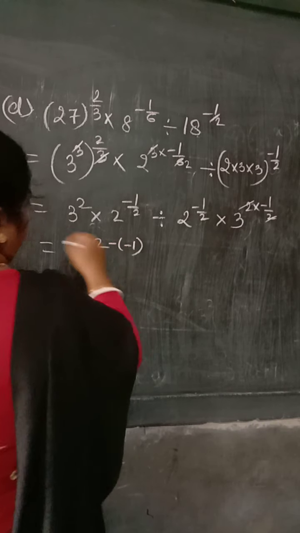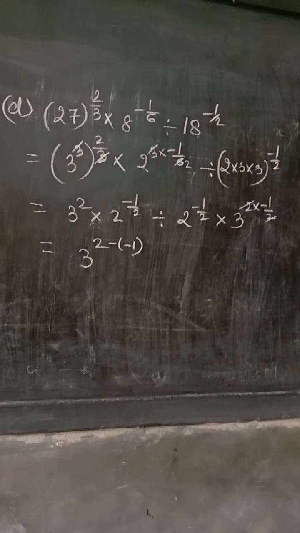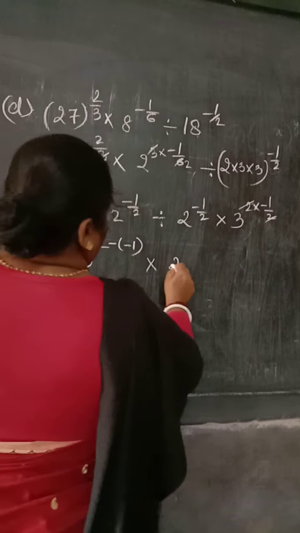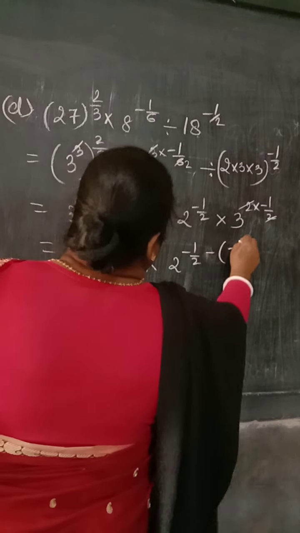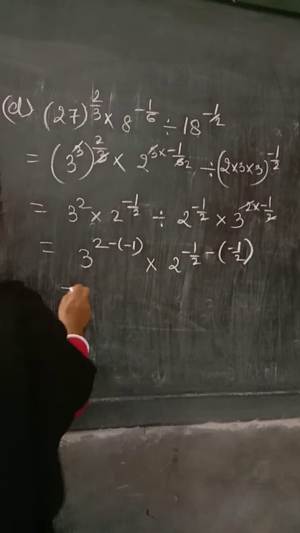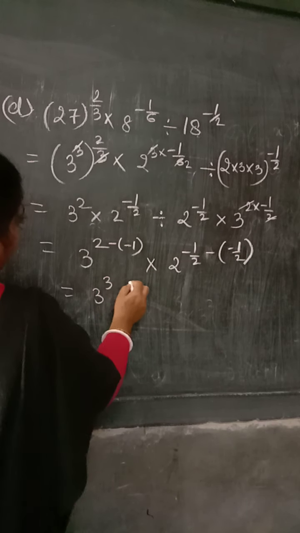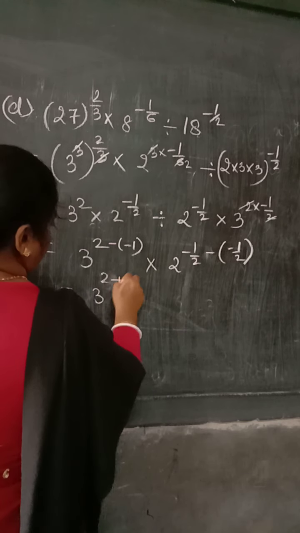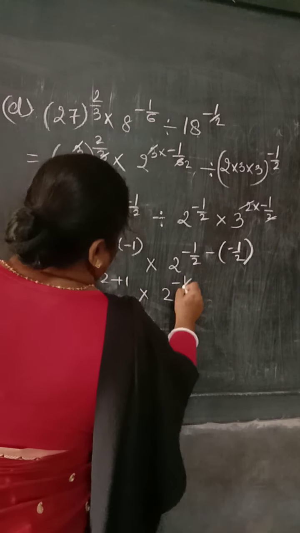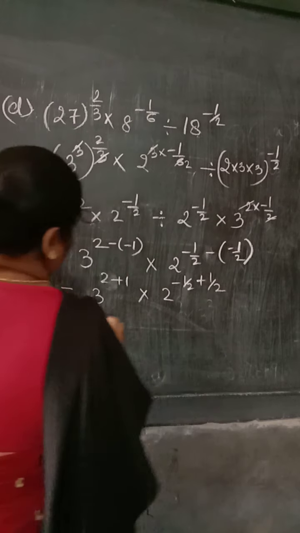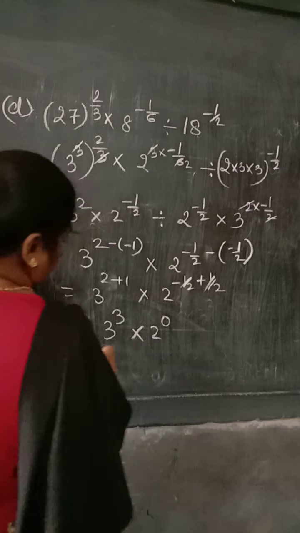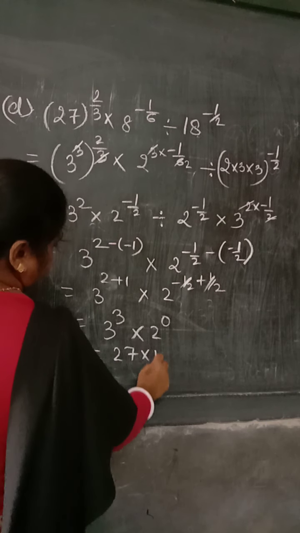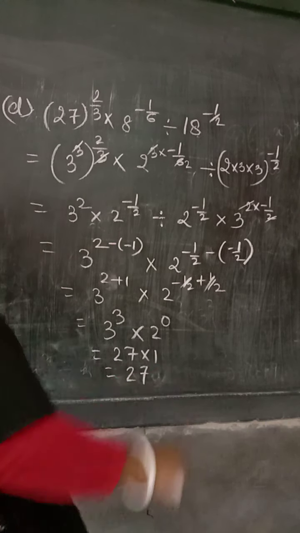So I will be writing in this way: 3 to the power 2 minus 1 and 2 to the power minus 1 by 2 minus 1 by 2, or it gives you 3 to the power 2 plus 1 and 2 to the power minus 1 by 2 plus 1 by 2, or it is 3 to the power 3 into 2 to the power 0. This is cancelled, or this is 27 into 1, or the answer is 27.